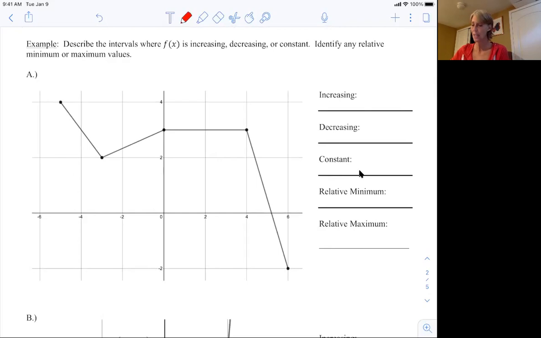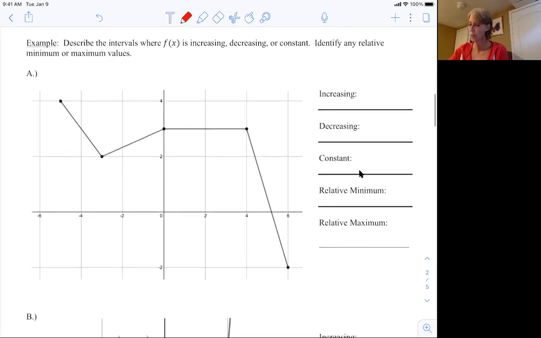So in this first case here, our function is going to be increasing anytime it's moving in the upwards direction, which is that interval right there. If we look at this, this would be -3. So our function is increasing on the interval -3 all the way to 0. And notice again, I'm using those parentheses.